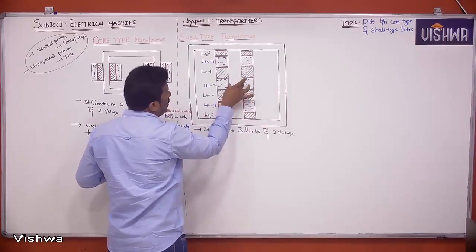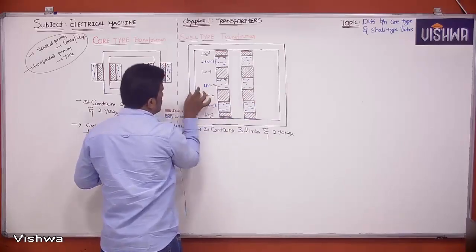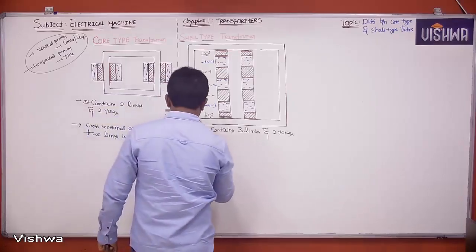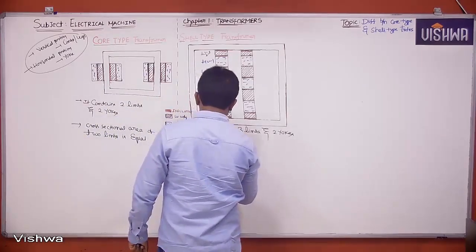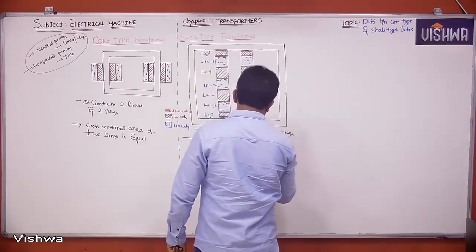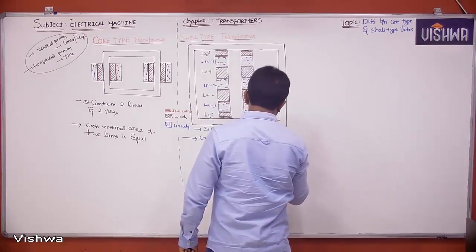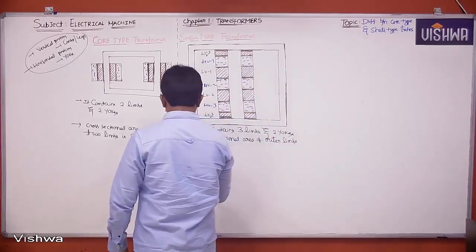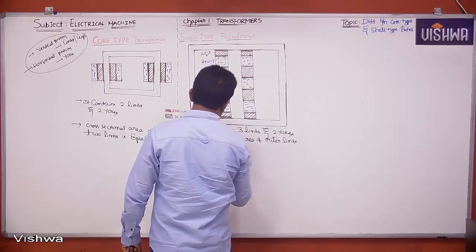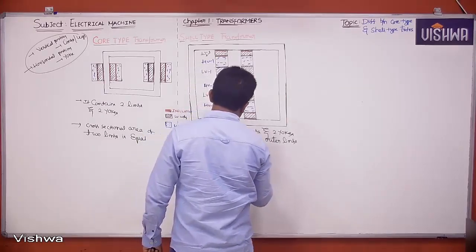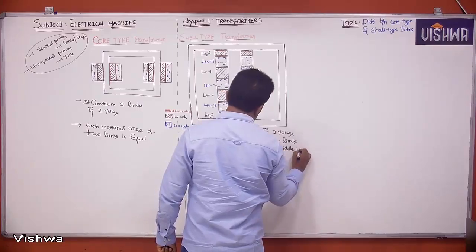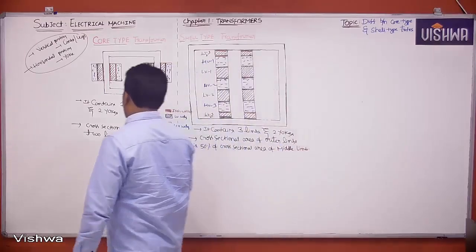In this, 50% is the cross-section area of outer limbs. Okay, this is more, and here 50%. So I can write here: cross-sectional area of outer limbs is 50% of cross-sectional area of middle limb.